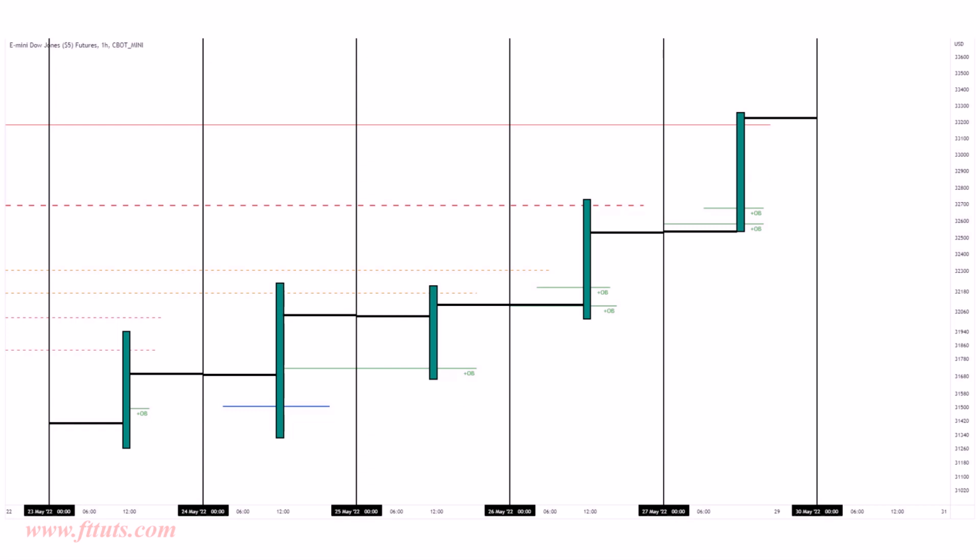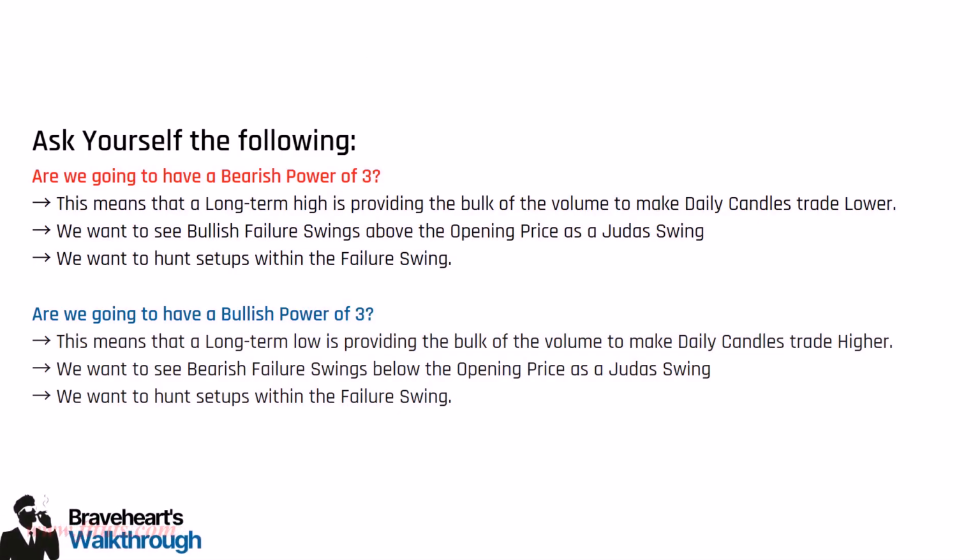So not only are we expecting resistance levels to break, supports to hold, we're also expecting price to be bought below the daily open. So ask yourself the following. Are we going to have a bearish power of 3? You want to ask yourself these questions before every trading day, by the way.